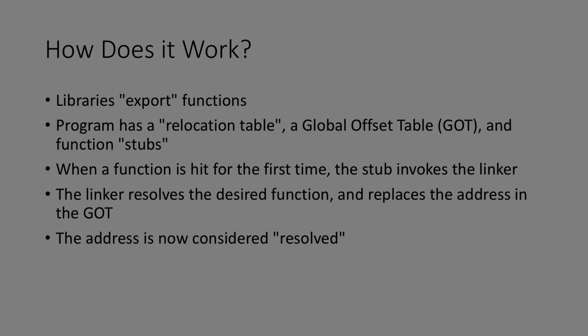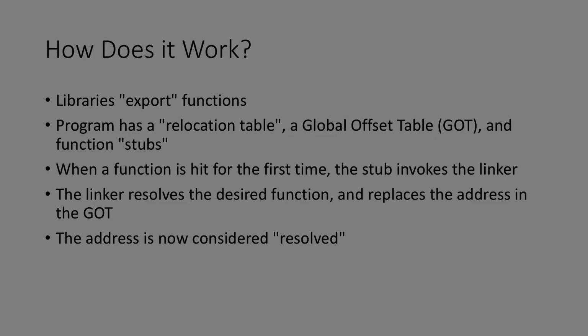If my Hello World program requires libc, libc is going to be loaded into virtual memory somewhere, and I need to know where that is so that I can efficiently jump to printf or whatever, and I don't have to do a resolution for every single function call. Lastly, they also have function stubs, which are what's used before it's resolved to actually invoke the linker to resolve the function.